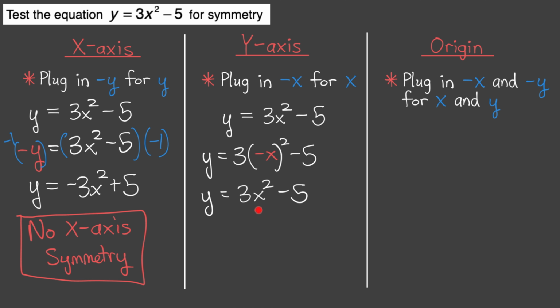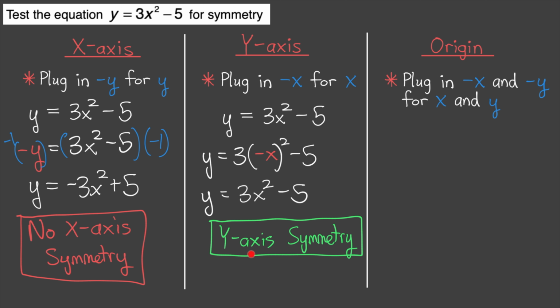So there's our simplified equation. Is this exactly the same as the original equation? Yes, it is. So therefore, there is y-axis symmetry. We'll put that in green and box it. So it worked for y, but not for x.